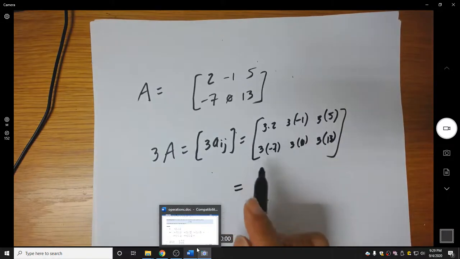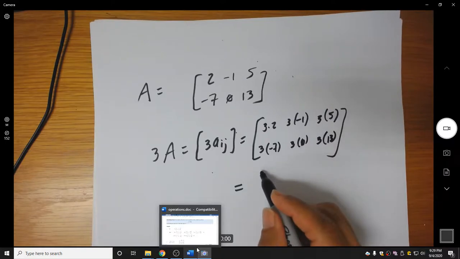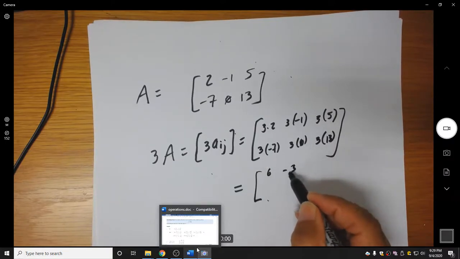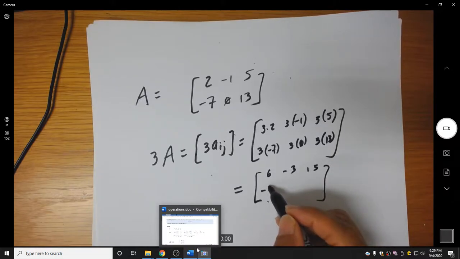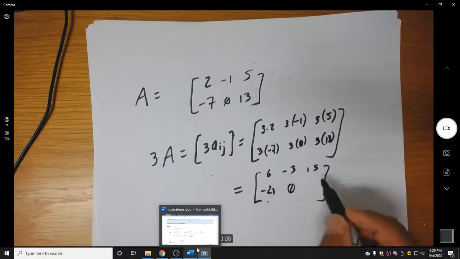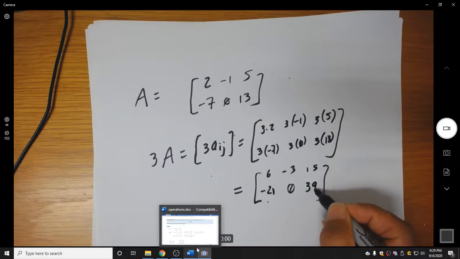So that's the scalar product 3 times A. When you do the calculations, that's 6, negative 3, 15, negative 21. 3 times 0 is 0, and 3 times 13 is 39.